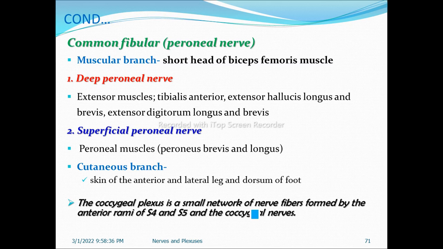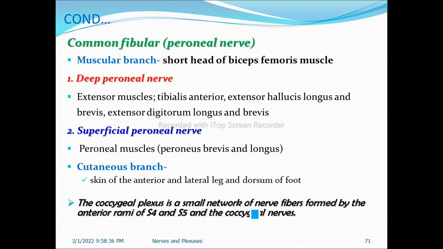The extensor muscles like tibialis anterior, extensor hallucis longus, extensor hallucis brevis, extensor digitorum longus, and extensor digitorum brevis are all supplied by the deep peroneal nerve, whereas the peroneal muscles, peroneus brevis and peroneus longus, are supplied by the superficial peroneal nerve.